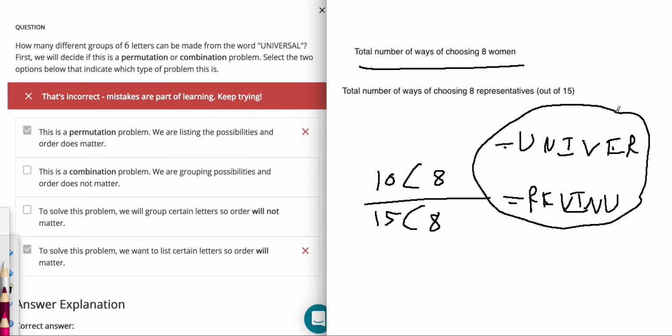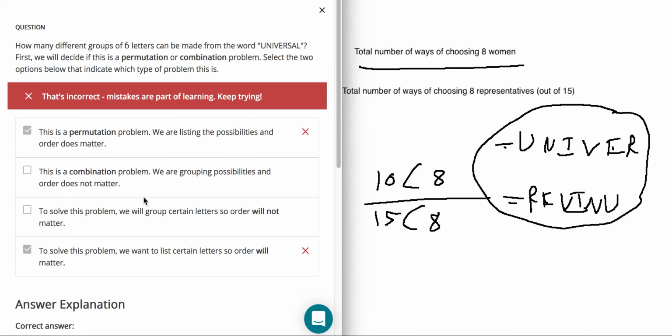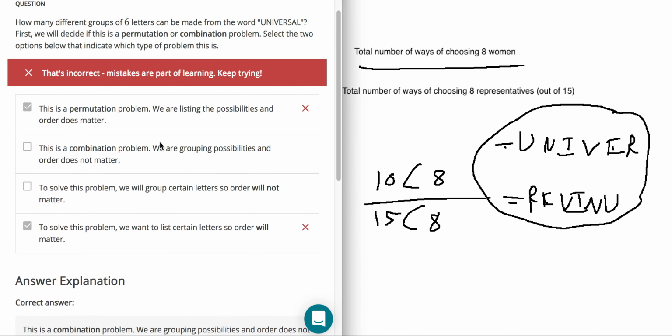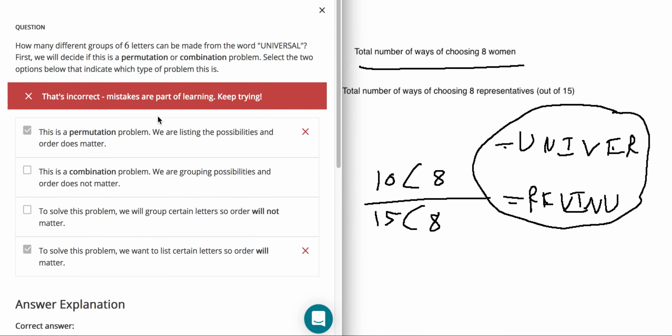If you rearrange the letters, it's talking about having unique letters in the group. So that's why they're saying it's a combination. The order doesn't matter. Definitely tricky on that one. I fell for the trick too. You'd think they're talking about making words, but they're saying how many different groups of letters. Can you cut out the letters, put them in a hat? Not making words out of them. How many different unique groups of those letters can you make?